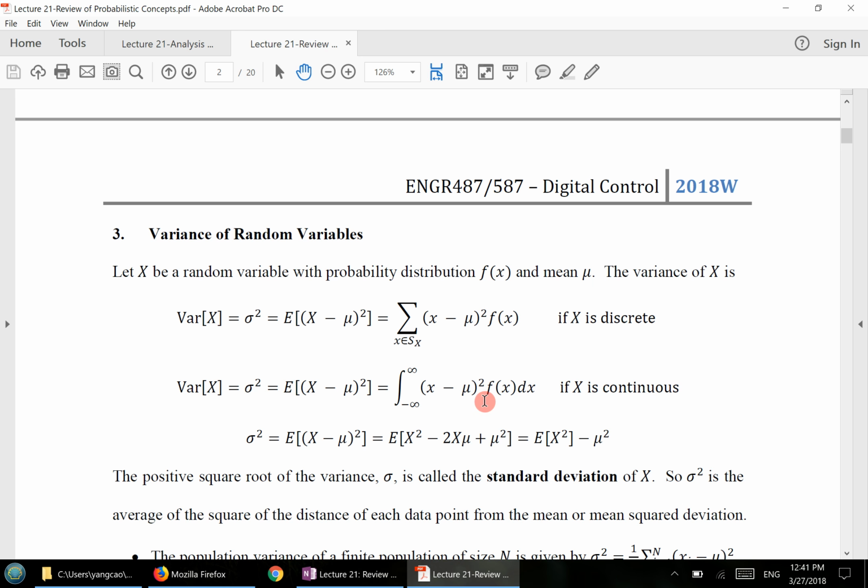If you have a collection of data and plot it out, some is concentrated around one value, some is fairly spread around a certain value. That tells you the variance for this random variable. And f of x here is called the probability distribution. There are, of course, different probability distributions.